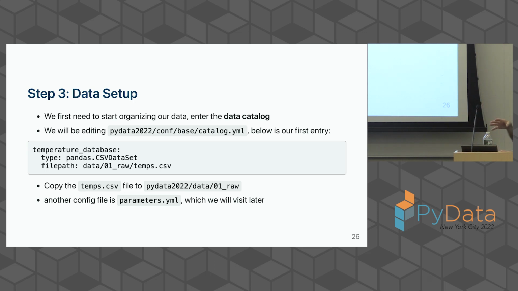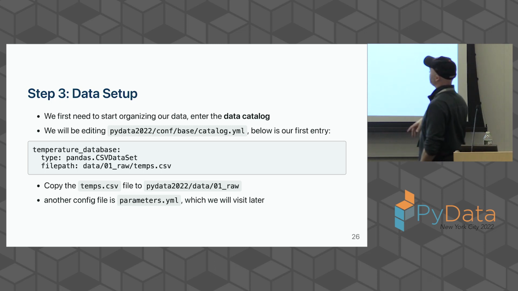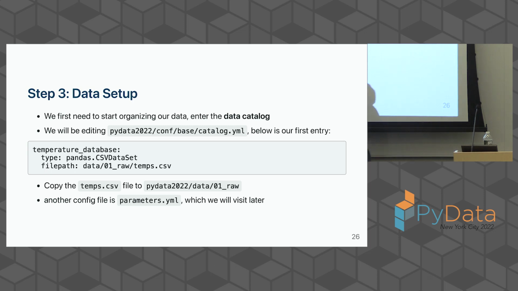Keeping track of your data, even though it sounds easy, gets really hard when you have three or four projects going on at the same time, with people working at different rates, junior people and senior people. Getting an organization around your data and its usage is very, very important. And so the catalog is basically in conf/base, everything is in base.